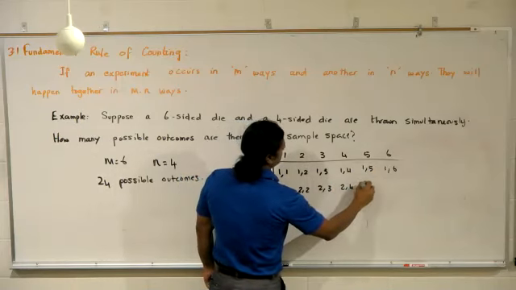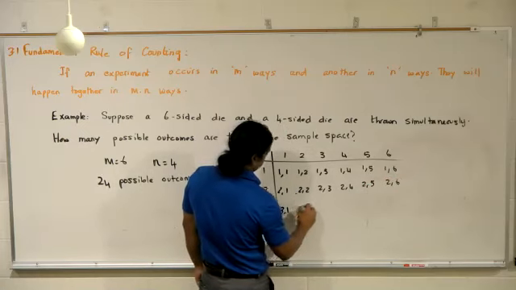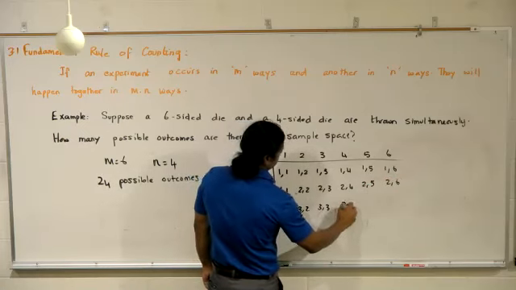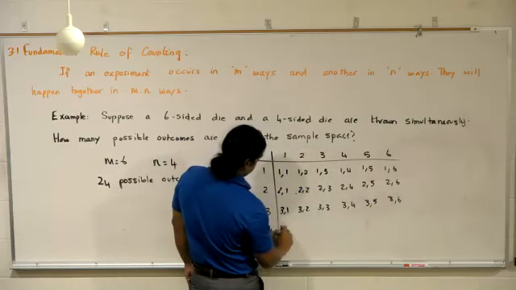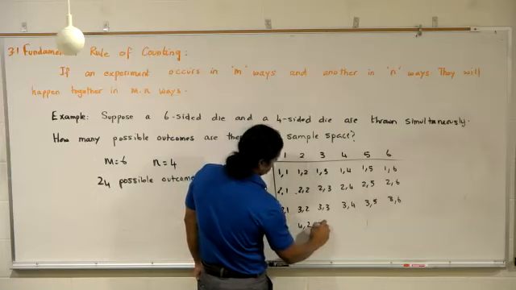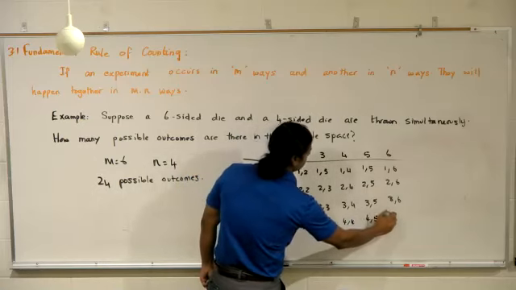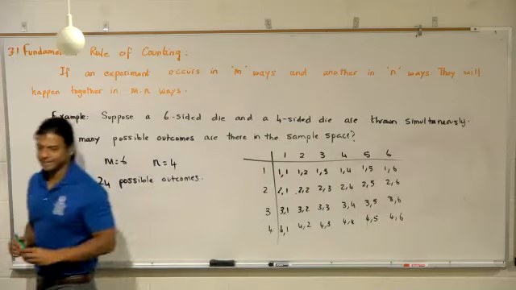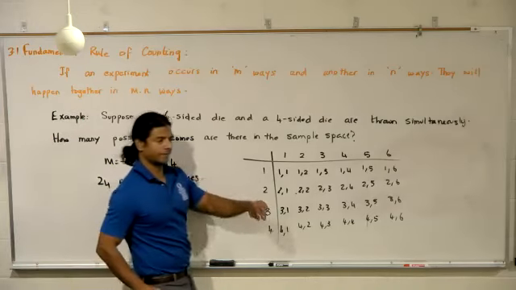It's up to you. Right, so those are the 24 possible outcomes.